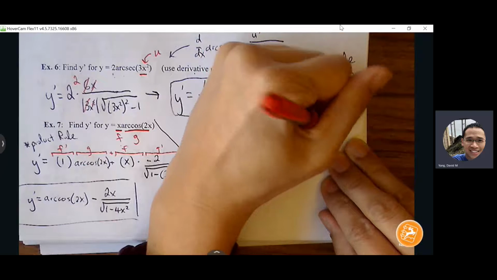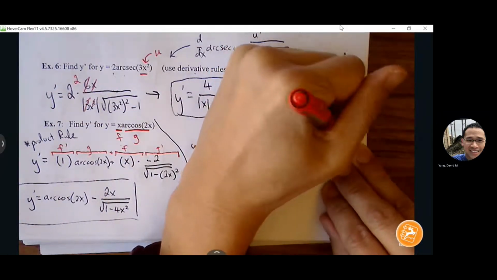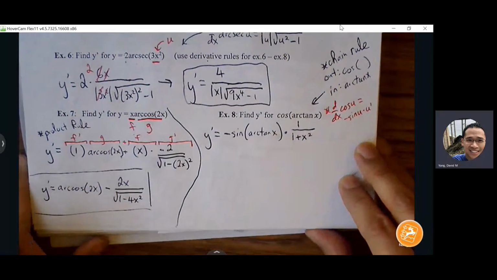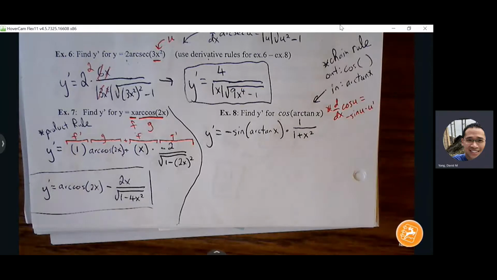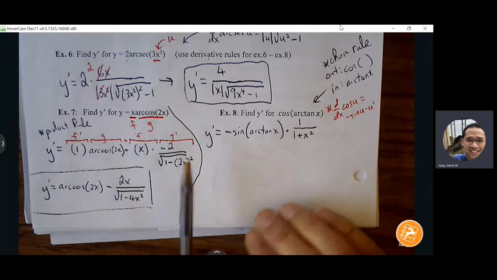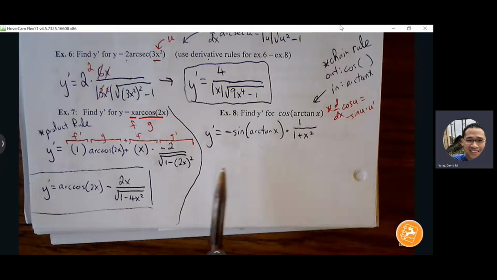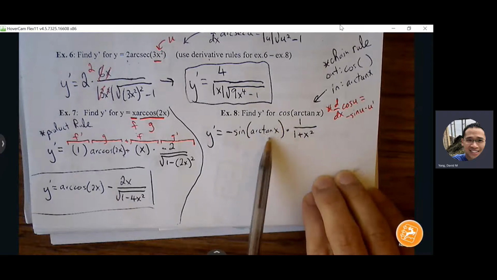But you can just basically go through cosine's rule as well. Okay, basically what we're doing, just negative sine u times u prime. Now, we want to be able to represent our derivative as algebraic terms. So we can actually go through what we did with example 3 to clean this up.